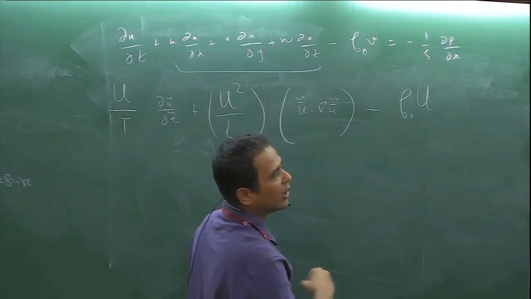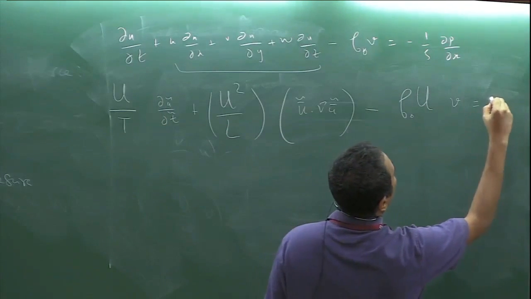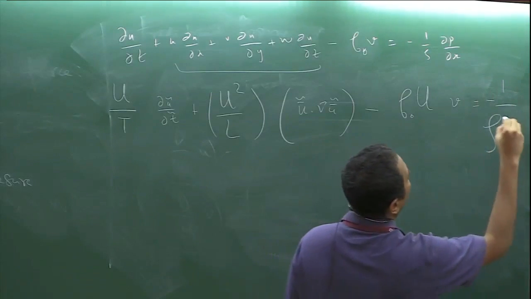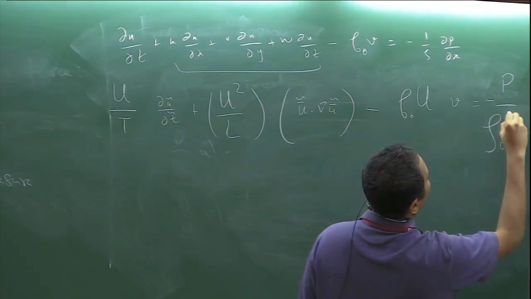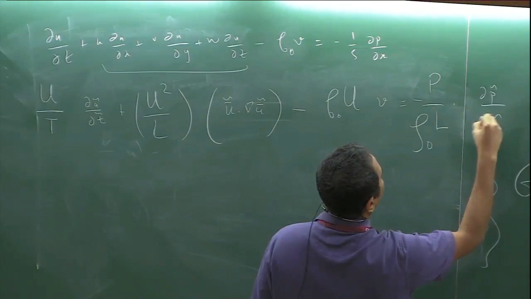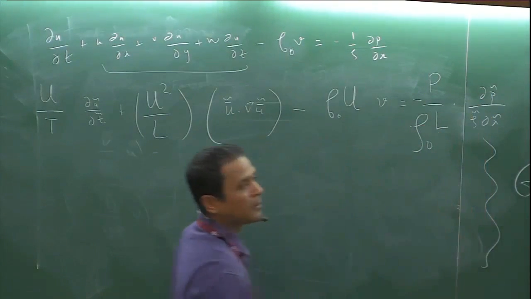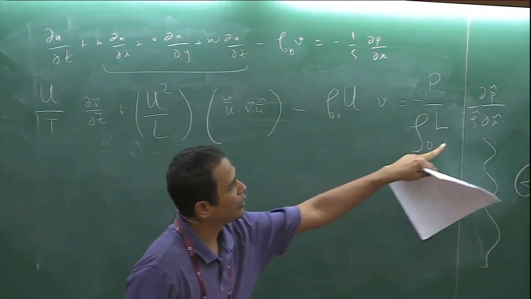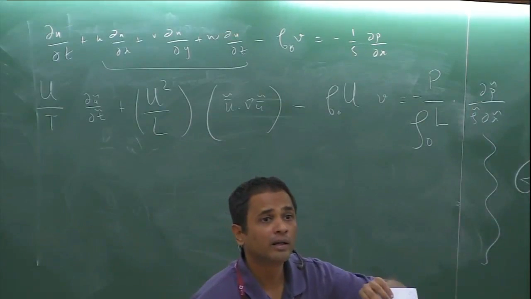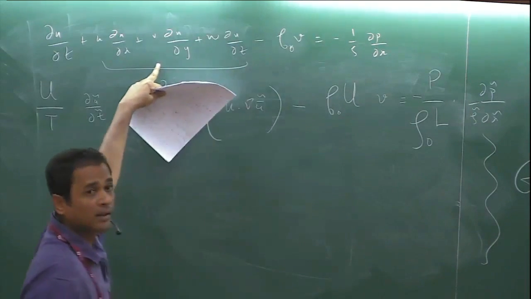V is non-dimensionalized by U. In the same way, let's say this is non-dimensionalized by rho naught, and the pressure is non-dimensionalized by P. This is a L, so you get a partial P, partial X, right? So you basically said rho is going to be rho naught times, somebody's, which one? This one.